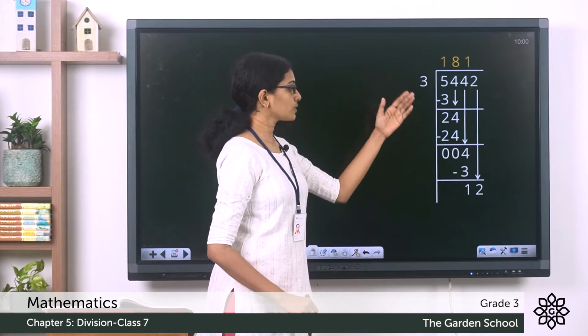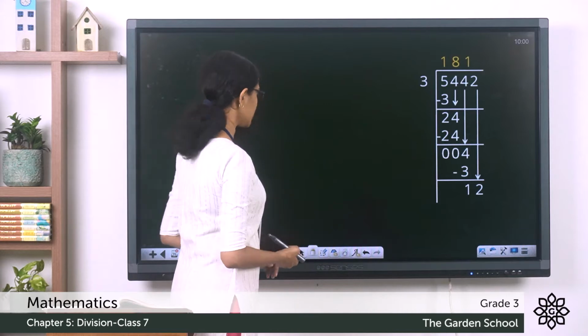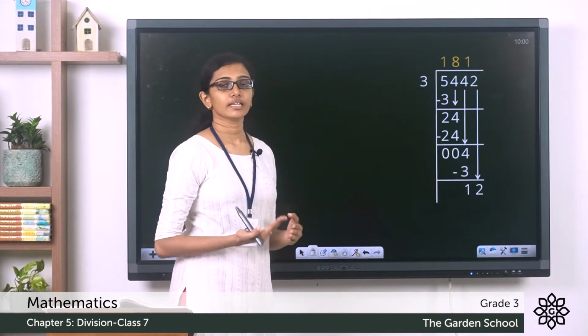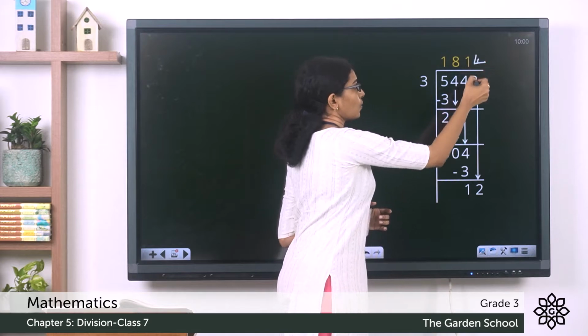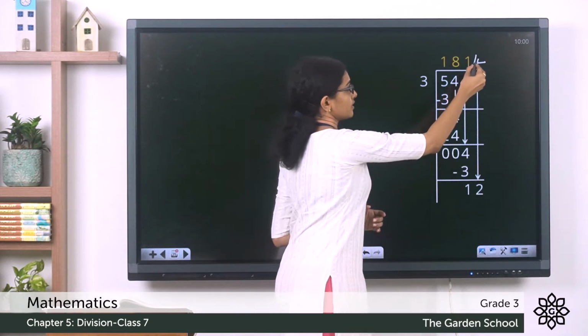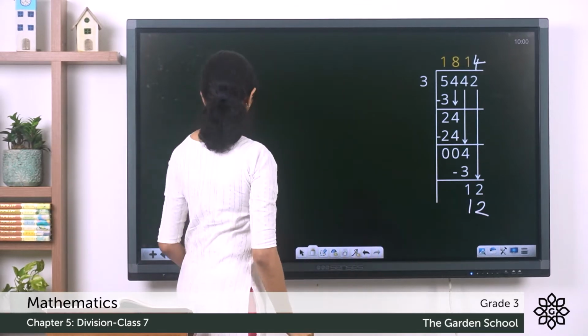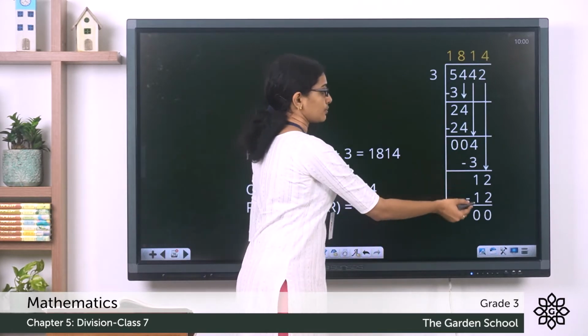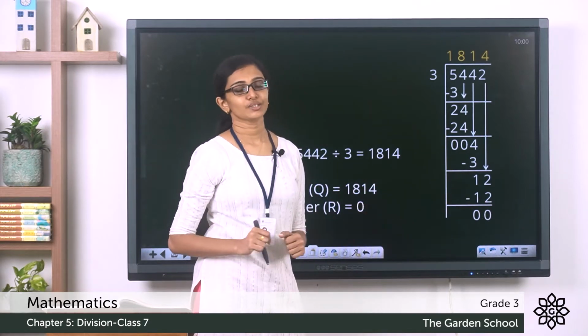And how many 3's will go in 12? 3 1's are 3, 3 2's are 6, 3 3's are 9, and 3 4's are 12. So let's write 4 here. 3 4's are 12. So what is the next step? Subtract the numbers 12 minus 12 and we get the remainder 0.